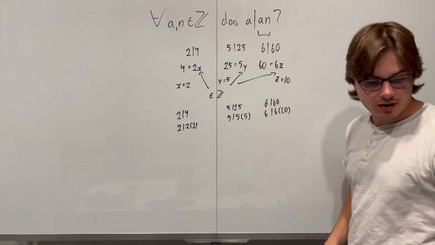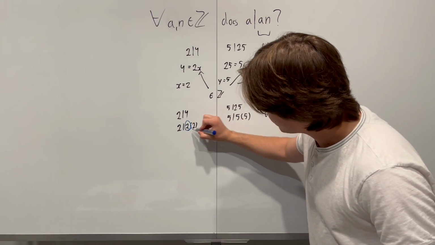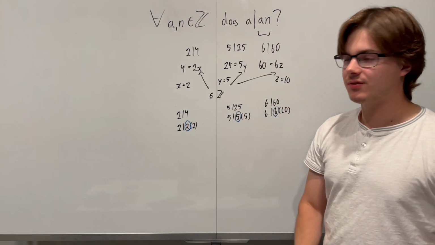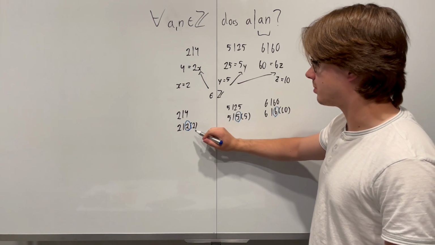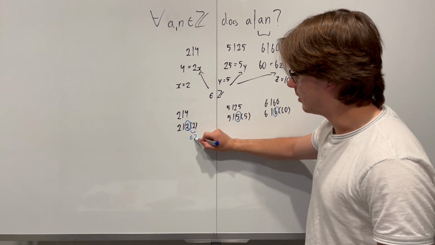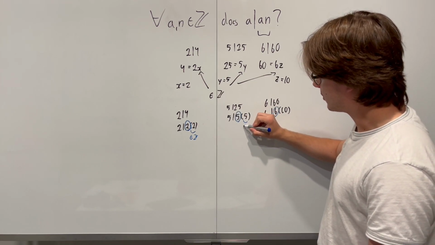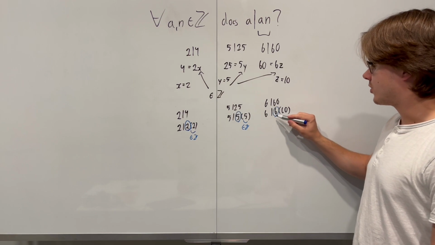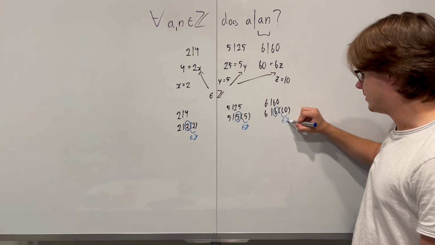What do we notice about all of these? Well, in all of these, what's on the right-hand side is something that we have on the left-hand side. Here, we have the left-hand side, 2, multiplied by some integer. Here we have 5 multiplied by some integer. And here we have 6 multiplied by some integer.